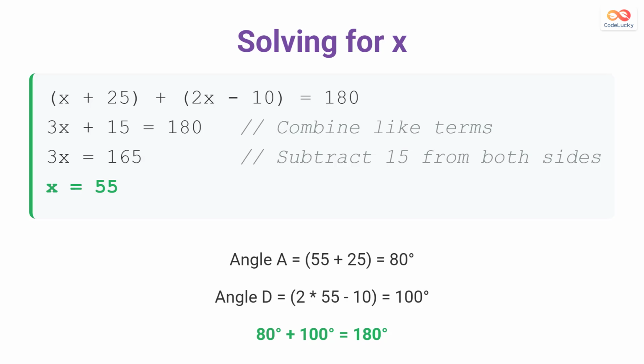Combining the terms with x gives us 3x, and combining the numbers gives us 15. So, 3x + 15 = 180. Subtracting 15 from both sides gives us 3x = 165. Finally, dividing by 3, we find that x = 55. This means angle A is 80 degrees, and angle D is 100 degrees.